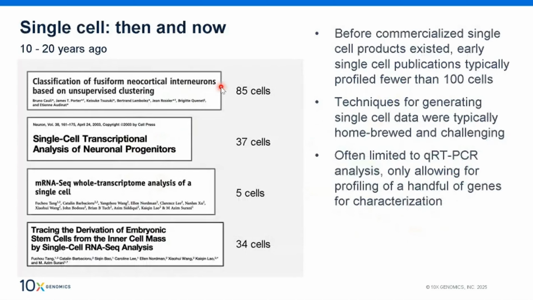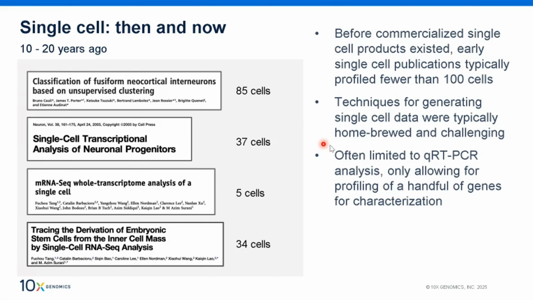Single cell technology is actually not something new. It has been around for more than 10 to 20 years. It's just that previously it was laborious and not easy to perform. Before commercial single cell products existed, early single cell publications typically profiled fewer than 100 cells. Techniques for generating single cell data were typically homebrew and challenging.